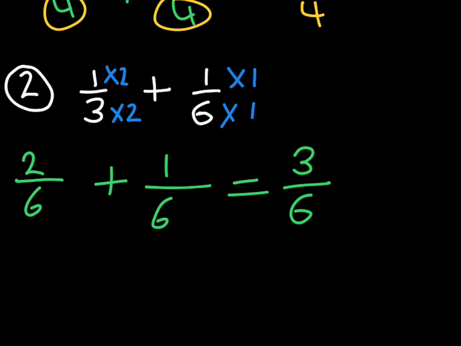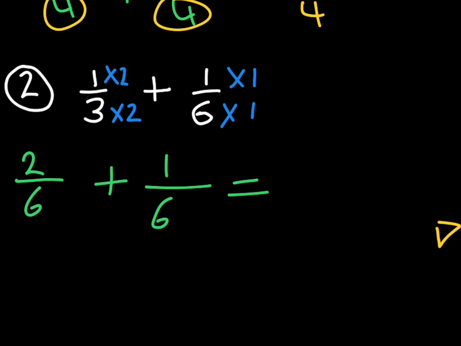Next, we can see that the number 3 goes into 3 as well as into 6. So, if we divide that by 3 and we divide that by 3, 3 divided by 3 is 1, 6 divided by 3 is 2. And that is our final answer for question 2.